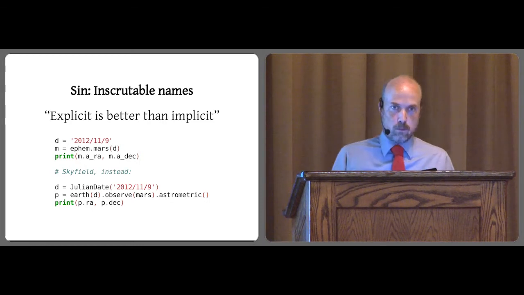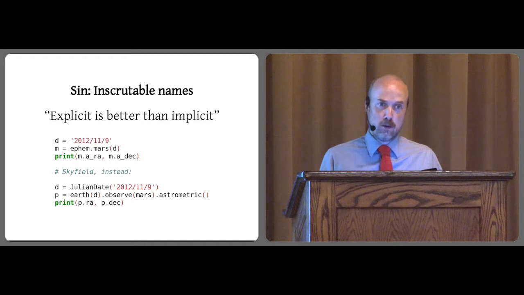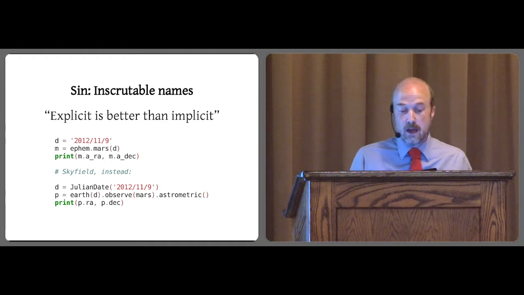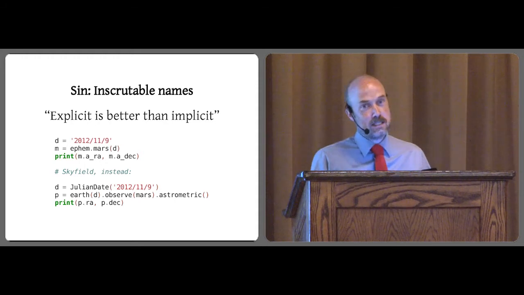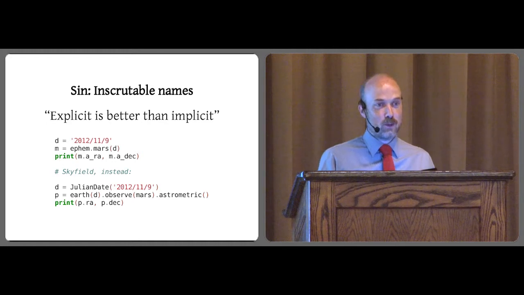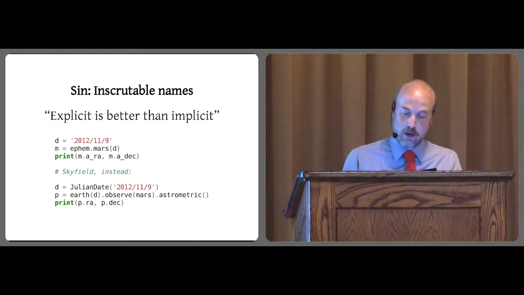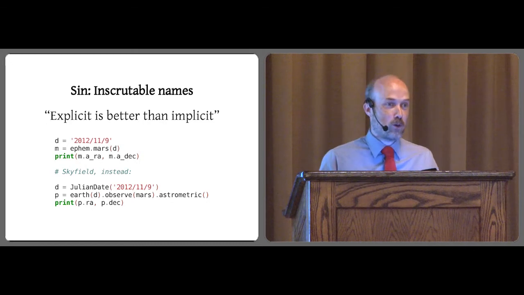I don't know what your answer is. From my email box, I can tell you that it wasn't obvious to a lot of users. And so Skyfield is actually going to spell out, yes, it's more typing, but your code will actually say astrometric if that's the set of coordinates you're asking for, because then you have some hope of knowing what's going on when you read the code.